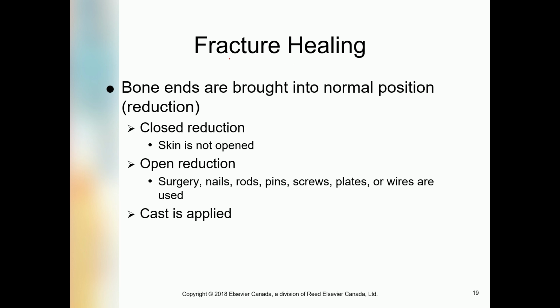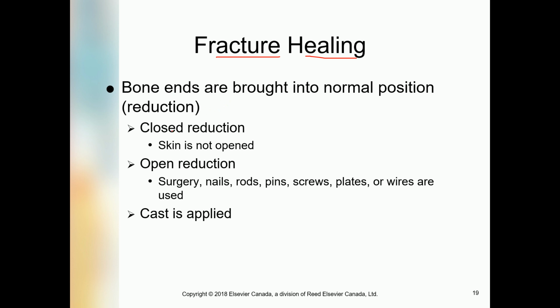Fracture healing, how to make those fractures okay. Healing is making them okay. Bone ends are brought into the normal position. When the bones are deviated from the normal position, they are brought back to the normal position by pulling both ends together, and a cast is put there.